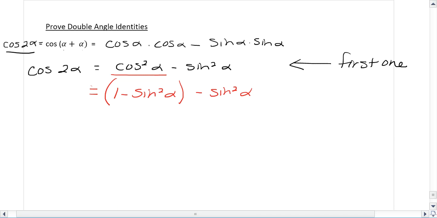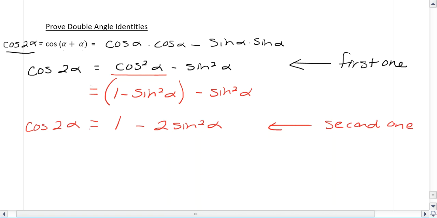And now I have minus 1 sine squared alpha minus another sine squared alpha, that is 2 of them. So this is the second double angle identity. So now that's been proven. Remember, all these are equal to cosine of 2 alpha.